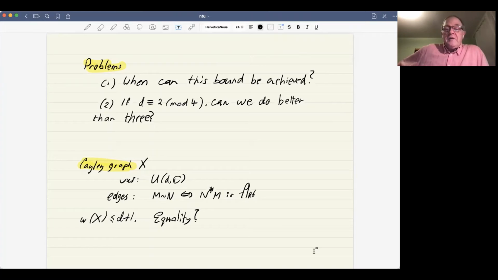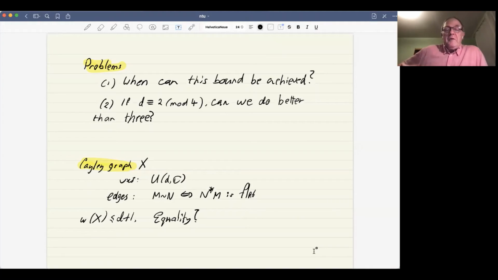Now, the set of flat matrices is closed under inverses, because the inverse of a unitary matrix is just the conjugate transpose. So if the matrix is flat, so is its inverse. And it doesn't contain the identity. And so I get a nice proper graph. And so the first question there is simply asking, what is the maximum size of a clique in that graph?